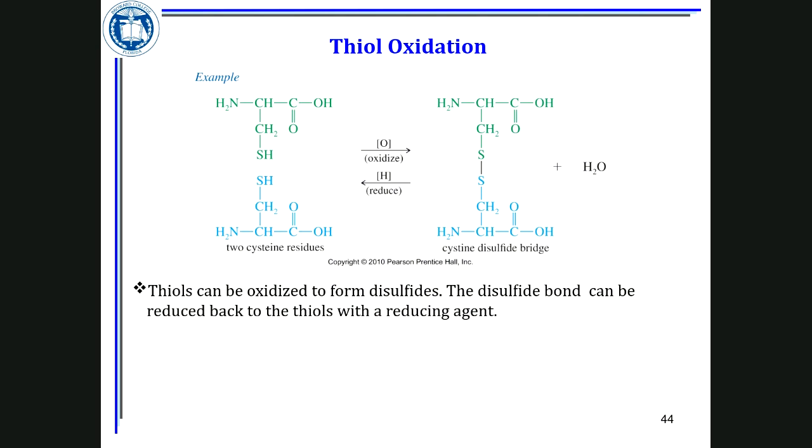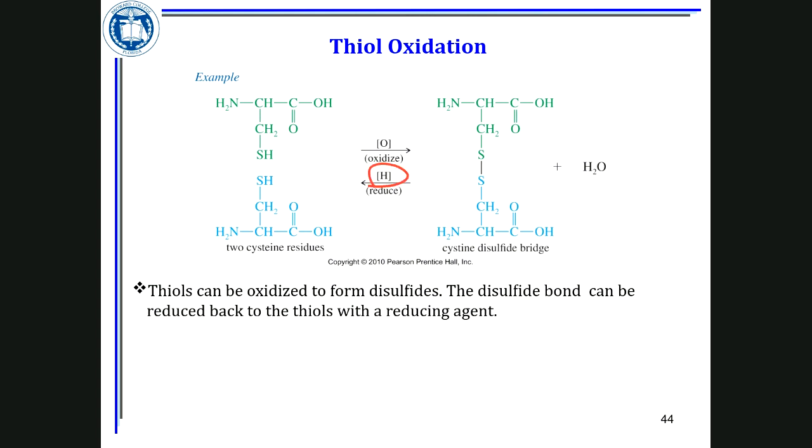So oxidation and reduction take place for alcohols. It can take place similarly with the thiol. If you know about the alcohols, it's a very similar reaction with the thiols also. You can oxidize your thiols, and you can reduce your thiols. When you're reducing a thiol, basically you're adding hydrogen.